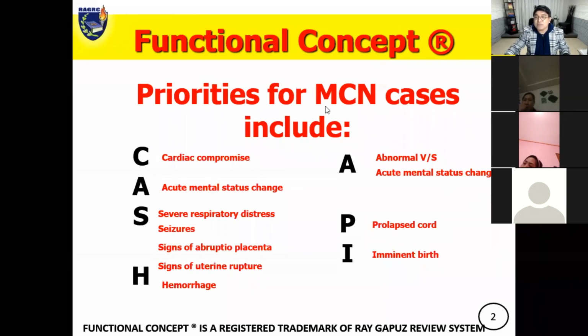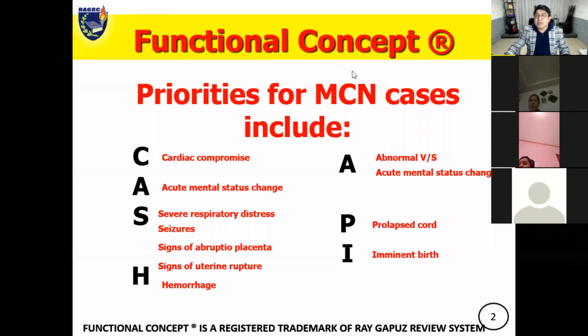Remember, when you're talking of MCN, you're not just talking of the mother. Even the child in utero should be considered. Once again, if the oxygen saturation of the patient is below normal, which is 95 and above, so when it's 94 and below, that's also considered abnormal and first level priority. And take note of the last two conditions, class: prolapsed cord and imminent birth.